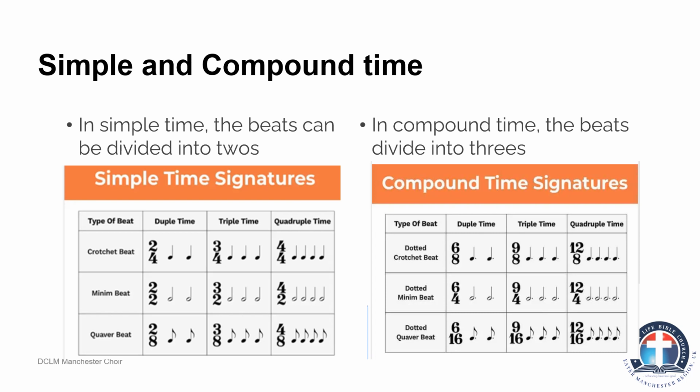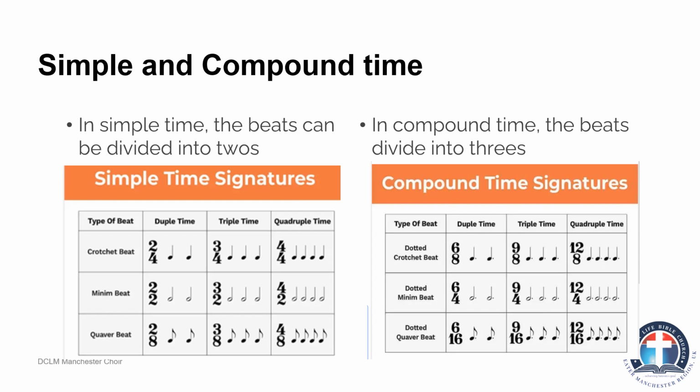And same for the quaver beat. You can divide the quaver beat into two to give you two semiquavers and two semiquavers, and on and on and on. You can do the same for the rest of the notes on each of the lines. So as a rule of thumb, in simple time the beats can be divided into twos.